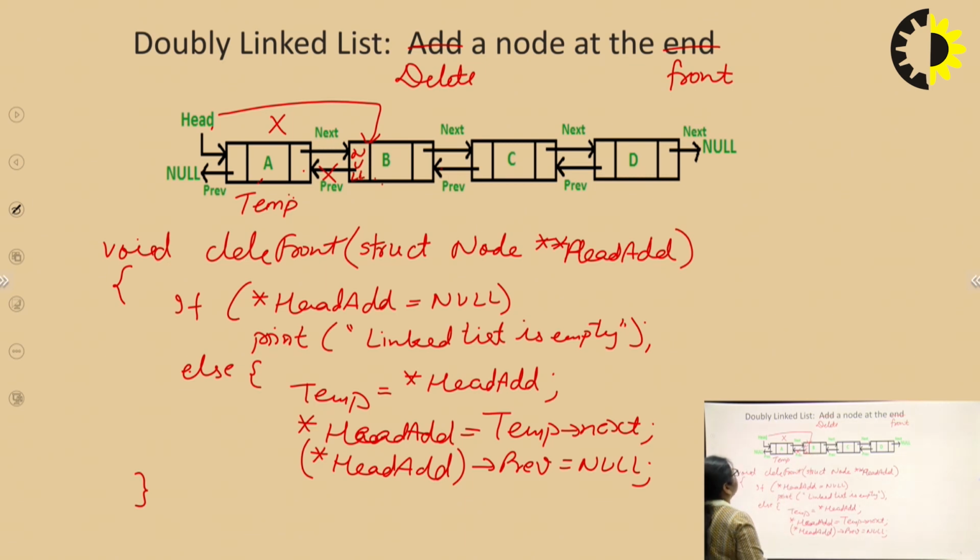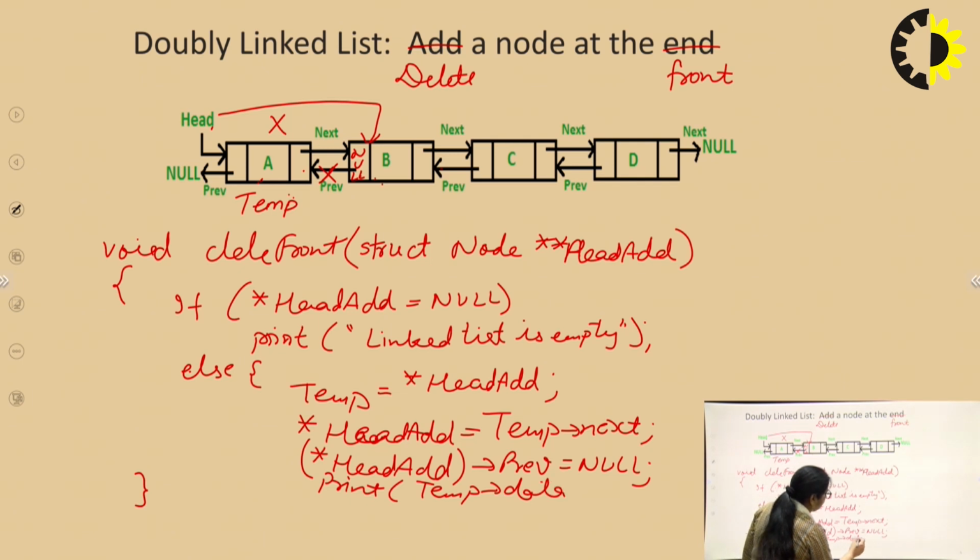Now see what is happening. B, C, D are three nodes. B's address is given in head. B's previous node is null. It means the links have been set up. What will we do now? We will display the data, that is, print temp data using whatever language command we are using. Then we will free the memory taken by temp.